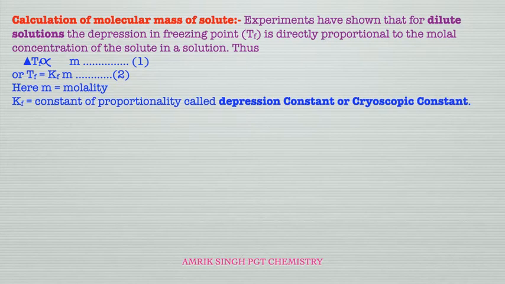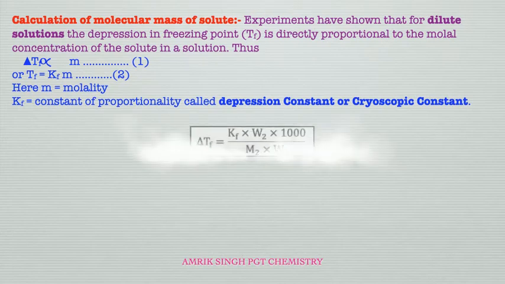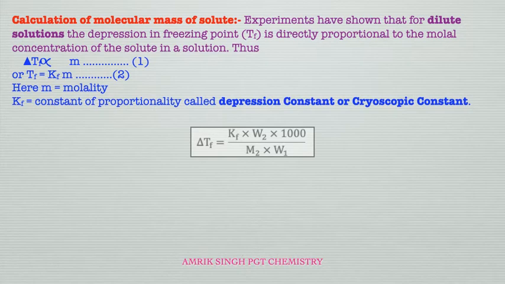Therefore, ΔTF will be KF into m. m is the molality, KF is the constant of proportionality called depression constant or cryoscopic constant. By putting the value of molality, we can calculate the molar mass of solute here. Subscript 1 is used for solvent, and 2 for solute. KF may again be defined by putting molality as unity.